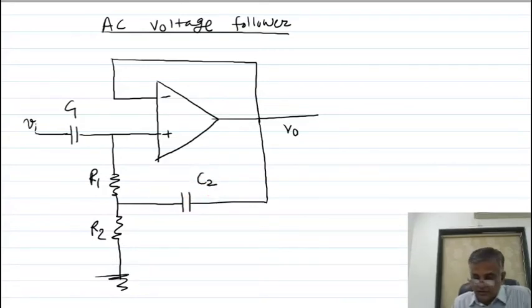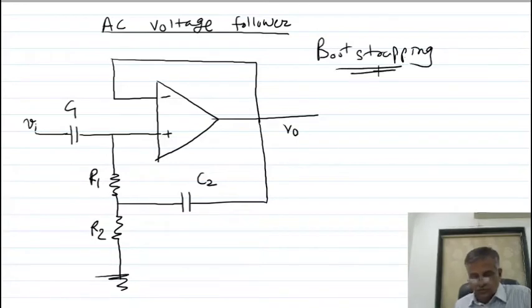Already we have discussed the bootstrapping principle. This capacitor is selected in such a way that it offers a very low reactance to the frequency at which this circuit is operated. So this behaves as a short circuit. As a result, this does not draw current.